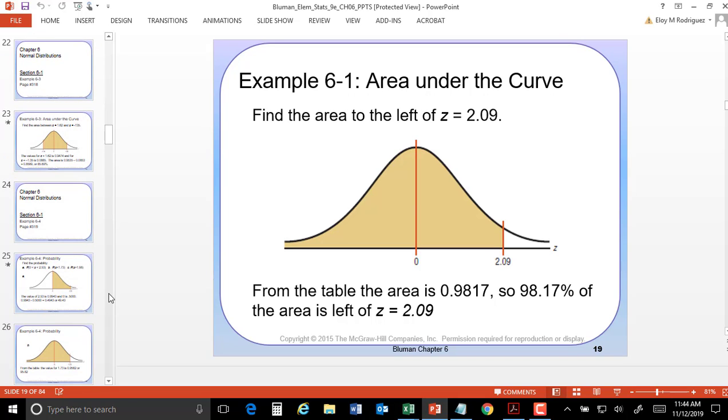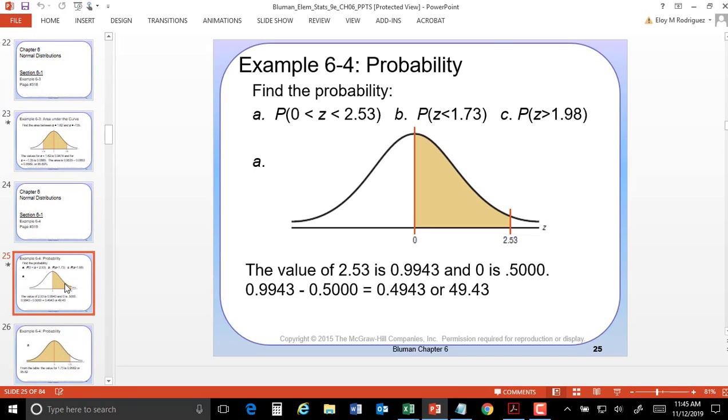Look, find the probability that the random variable z, because it's been standardized, is going to fall from 0 to 2.53. Well, what is the area from 0 on back? What's the area under the curve from 0 on back? What's the whole area? So guess what it is from 0 on back? Yep, half, right? 50%.